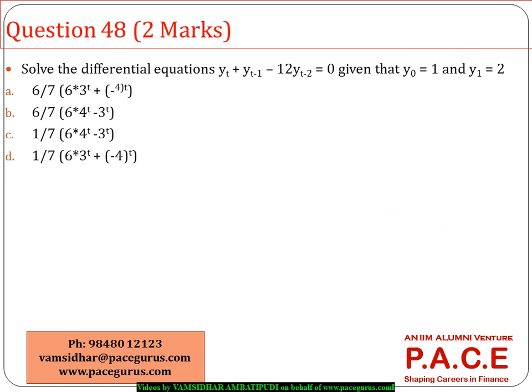Now the next question, solve the differential equation y t plus y t minus 1 minus 12 y t minus 2. If this is the kind of scenario that we have, we can very well go with the general form of the equation.